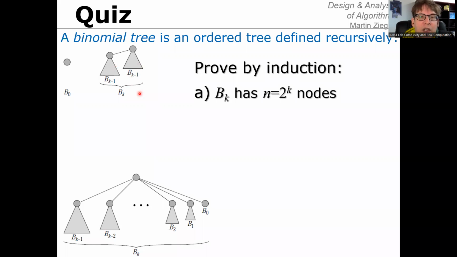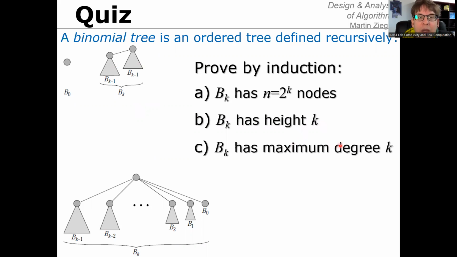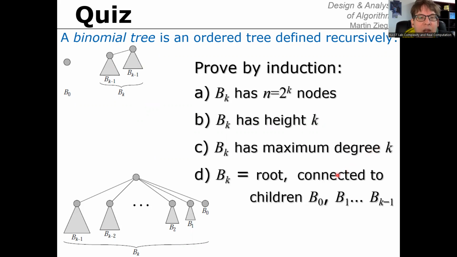According to this inductive definition, prove by induction that a binomial tree of order k has height k, has maximum degree k, and finally prove that this definition is equivalent to this one, namely that a binomial tree of order k is a root connected to children of order 0, 1, and so on up to k minus 1. So please conduct the quiz, write the answers to the problems first in your favorite text editor, and then please post them in the chat.